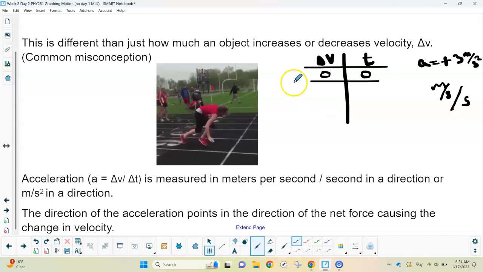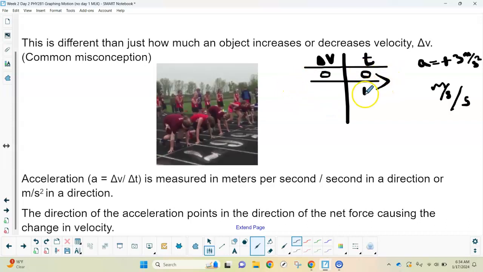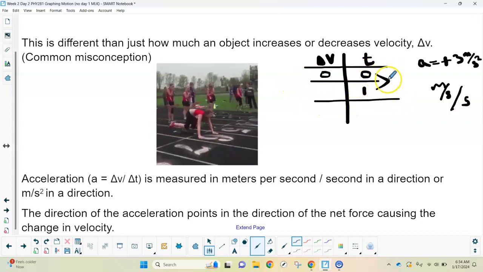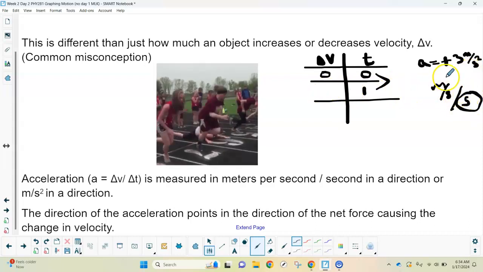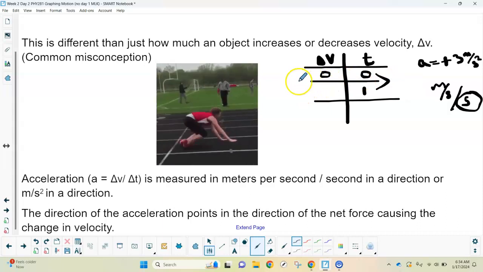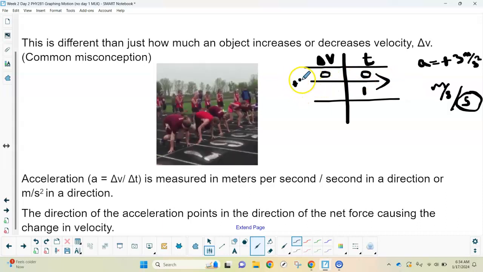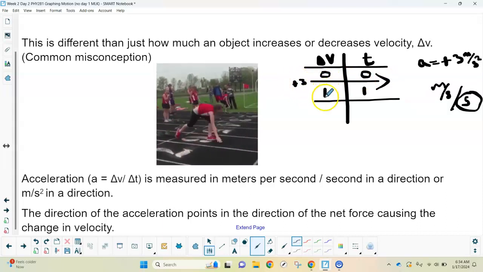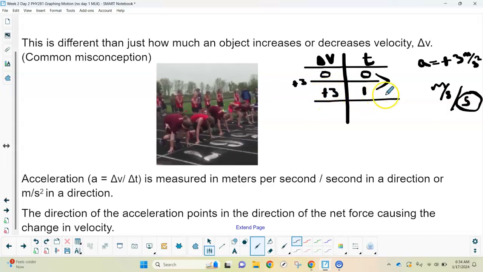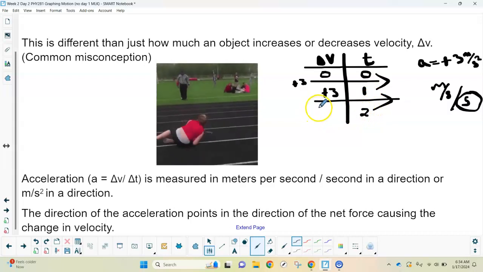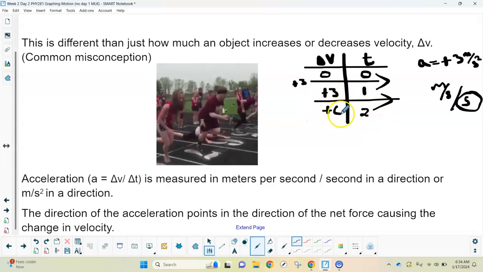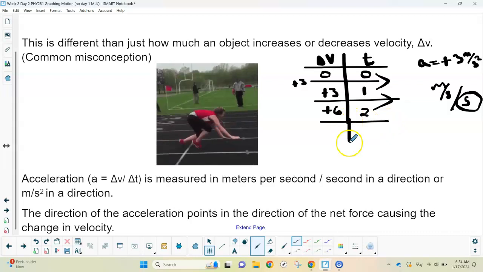So what that means is every second that goes by, so if we go from 0 to 1 second, that's 1 second of time change. That's what's happening here on the bottom. We're going to have the velocity change by positive 3. So if I add plus 3, that's my change in velocity. I end up at positive 3 meters per second for my velocity. And if I kept going, the next second I'd go from 1 to 2 seconds, and I'd go from 3 to 6. And we would keep accelerating, and the velocity would keep changing.